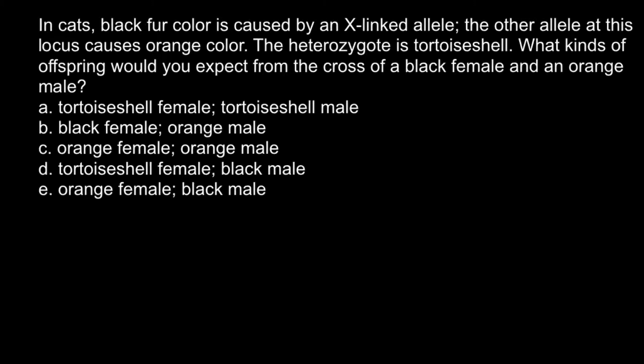So first of all, let me remind you what simple Mendelian genetics is. It is when we have two alleles, for example, one dominant and another recessive, and these two alleles can make three genotypes. One is homozygous dominant, another is heterozygous, and the third is homozygous recessive.